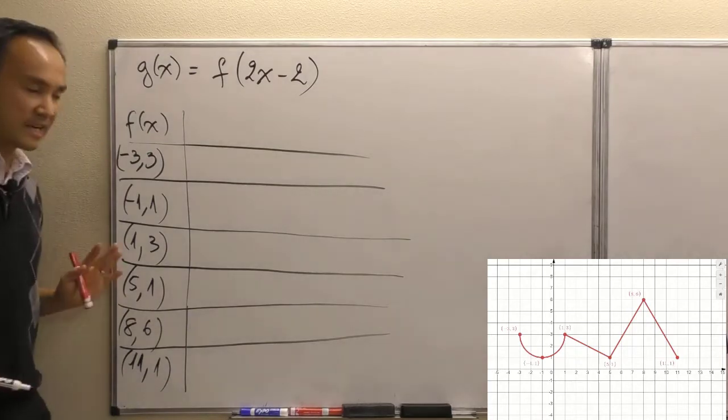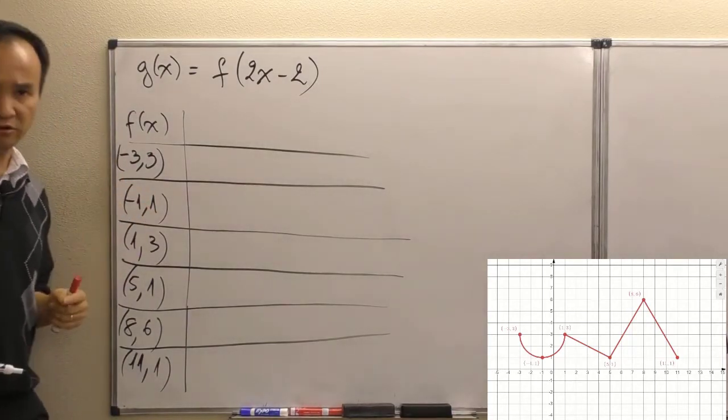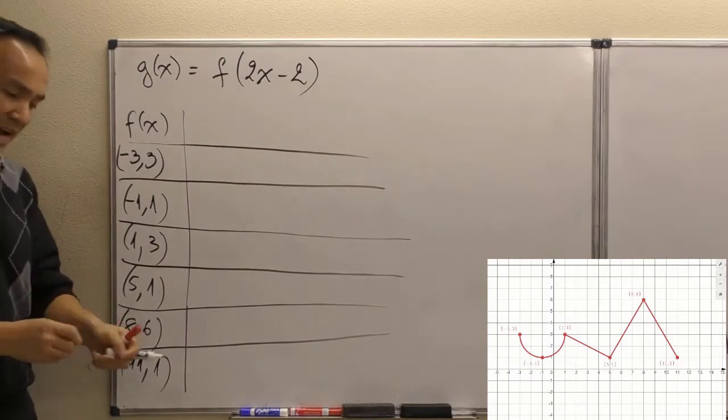So these are the guiding points right there, that stay on our graph. That's making it easy. But back to what I was saying.